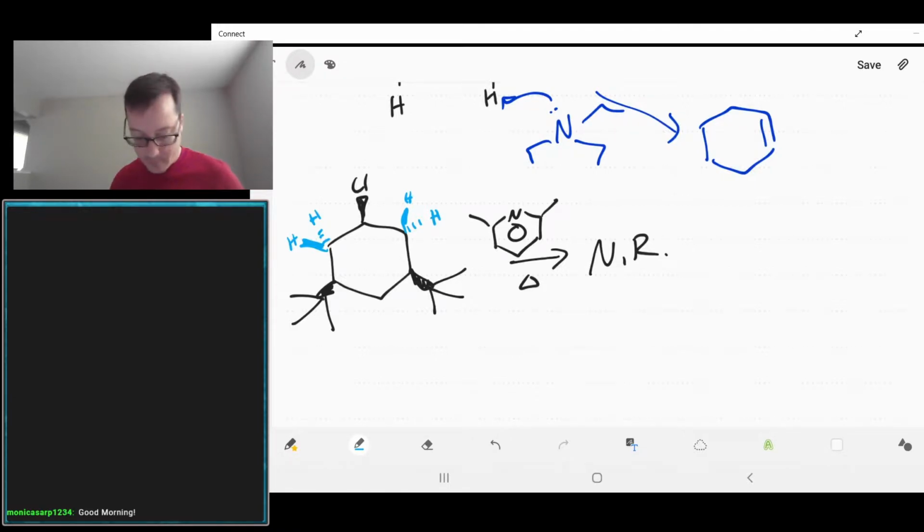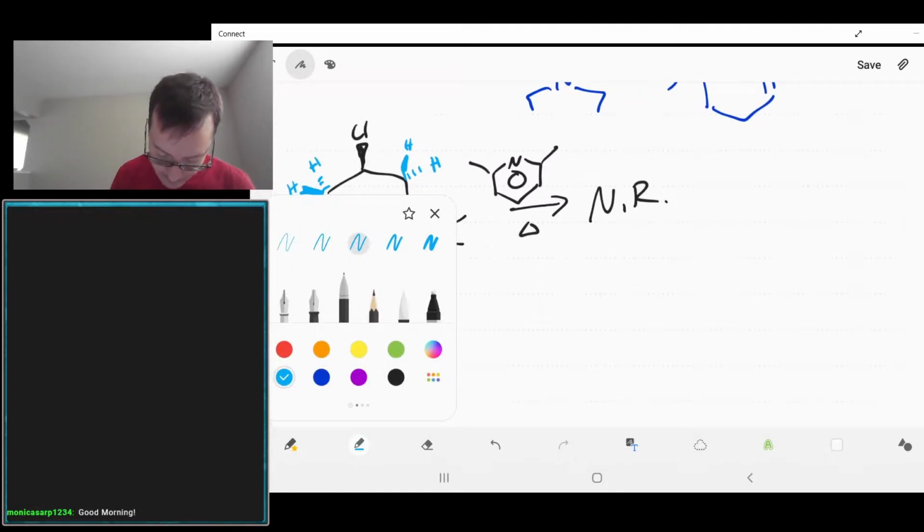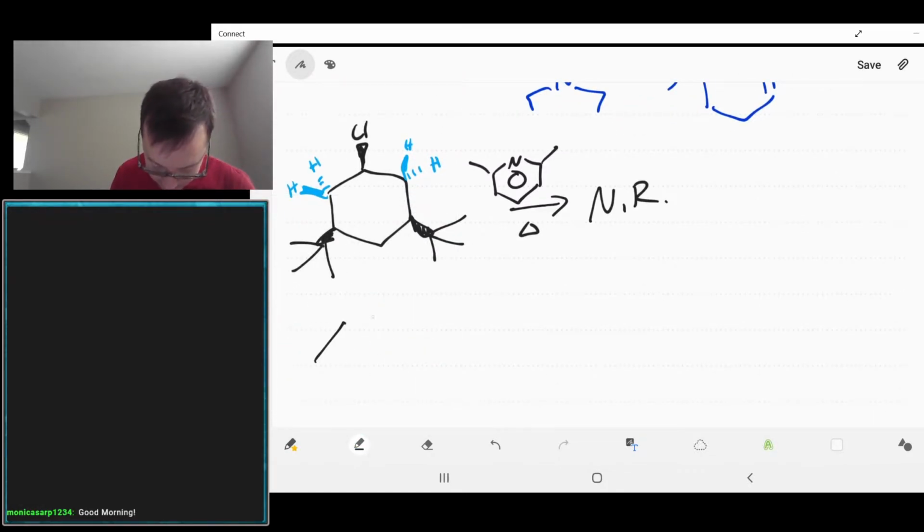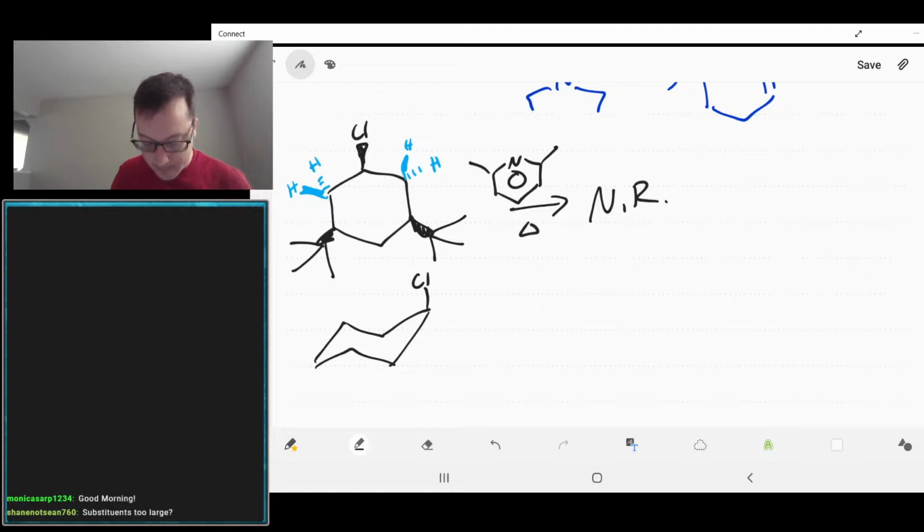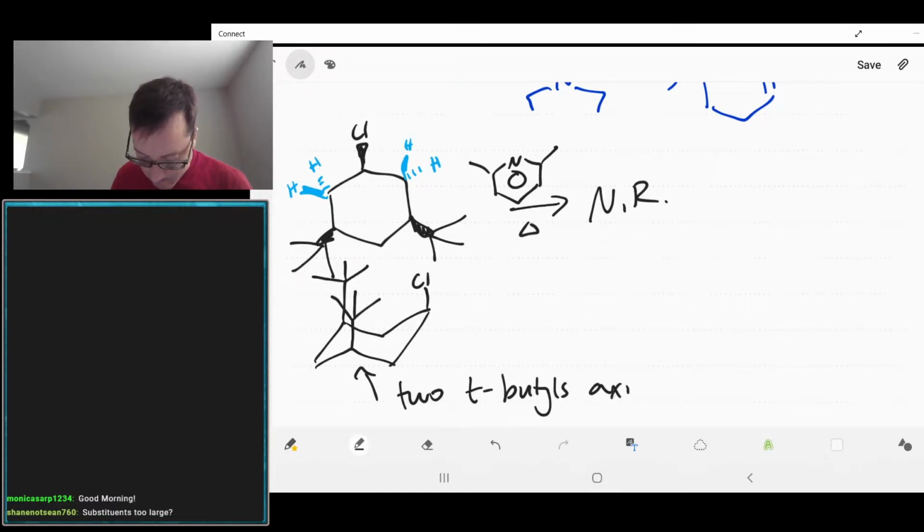If we redraw this molecule, if that chlorine is going to be axial, that means we need to also have two T-butyls to be axial, exactly.